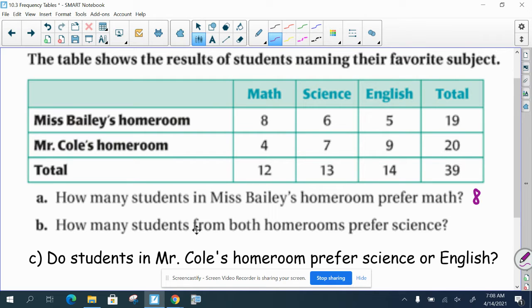How many students from both homerooms prefer science? You would look at the total for science, and that would be 13. Do students in Mr. Cole's homeroom prefer science or English? If you look in Mr. Cole's homeroom, since science is 7 and English is 9, we would say English.